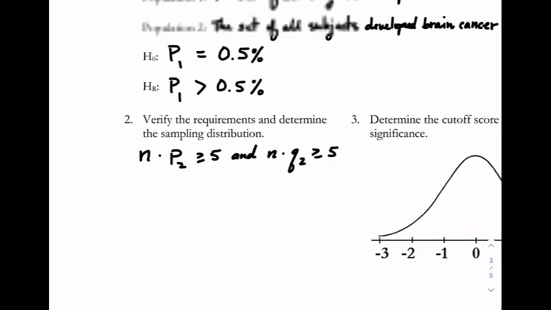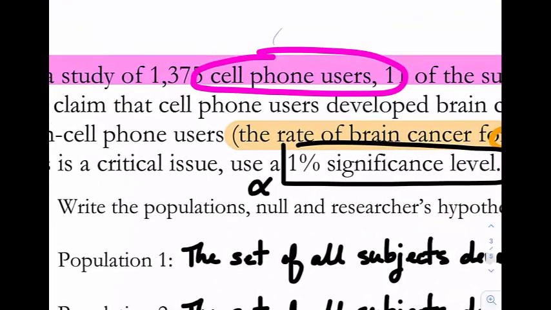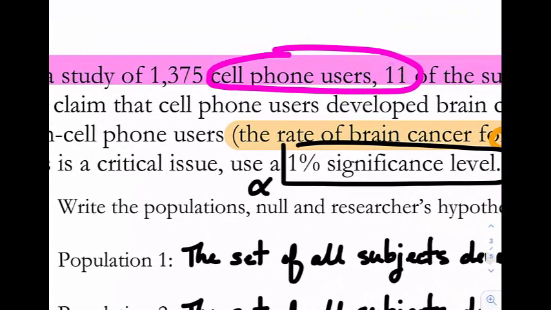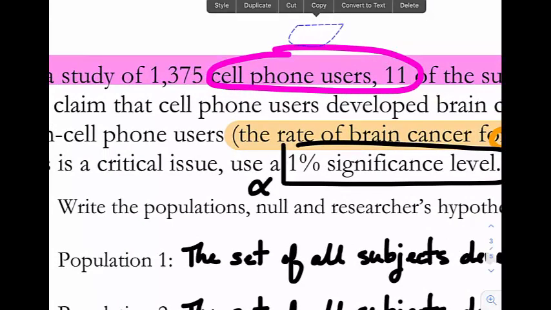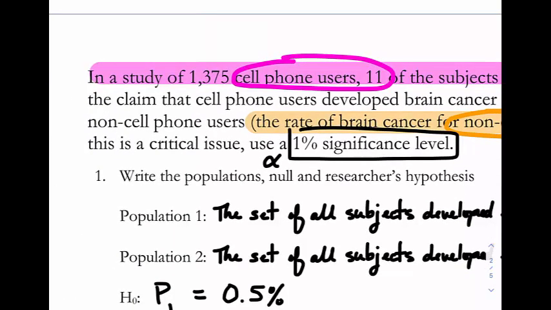So n in this, let's go up to the first sentence. It says 1,375 and 11.